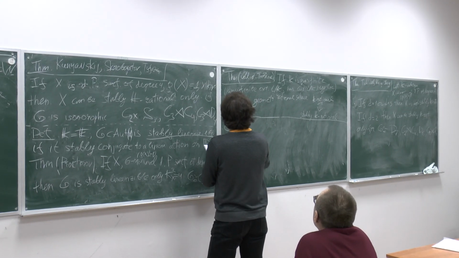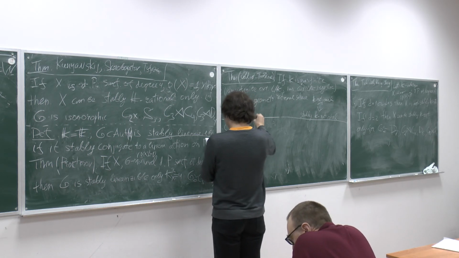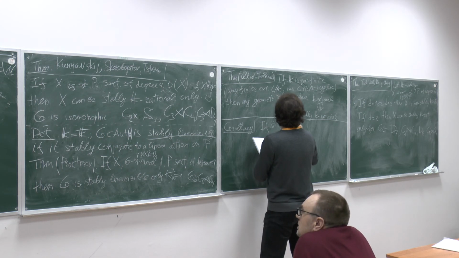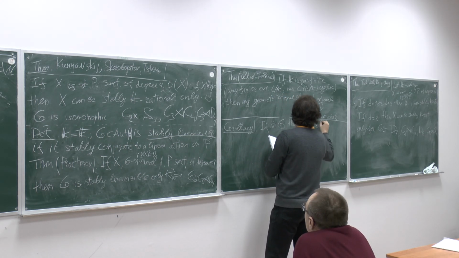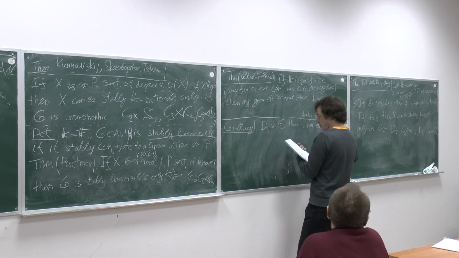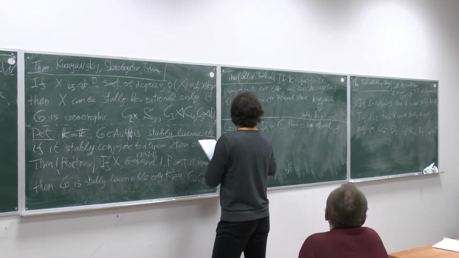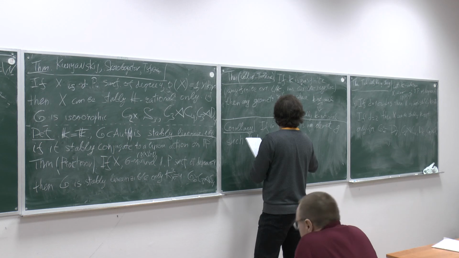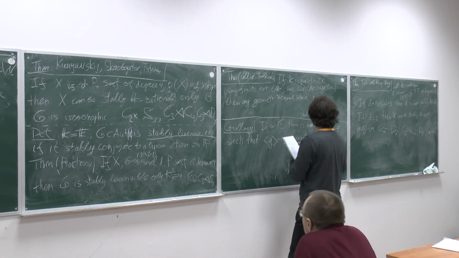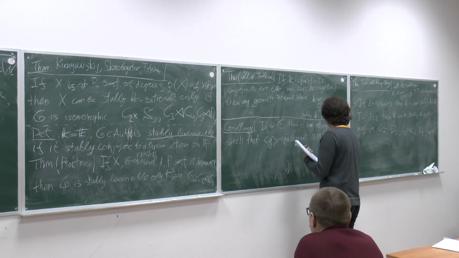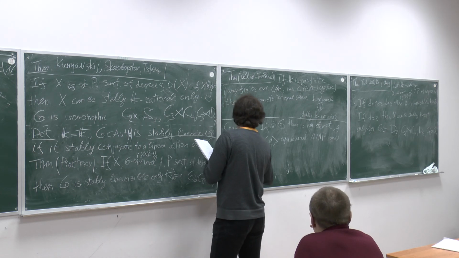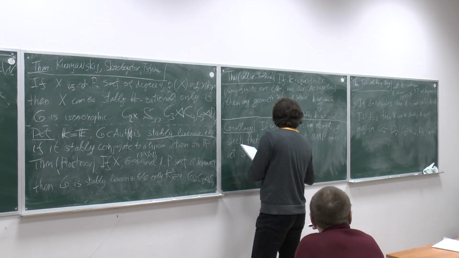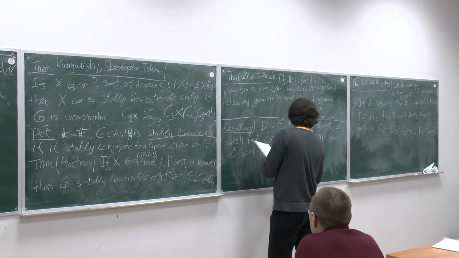G-equivariant minimal model problem? If in the group G there is an element such that the G-equivariant minimal model program ends at a surface Y such that K_Y squared is no greater than 4.